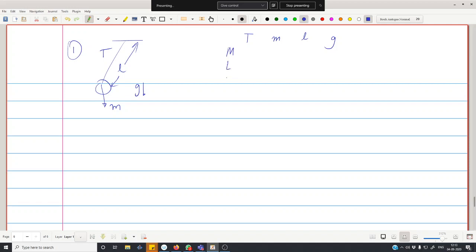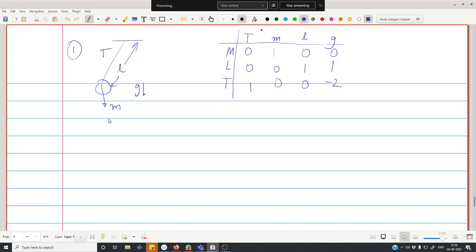Let us write down the dimensional matrix. We have already identified the parameters, so what is the dimension of time? 0, 0, 1. Mass 1, 0, 0. Length 0, 1, 0. Gravity 0, 1, minus 2.